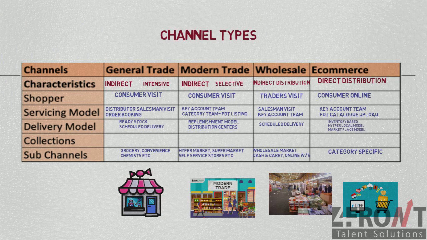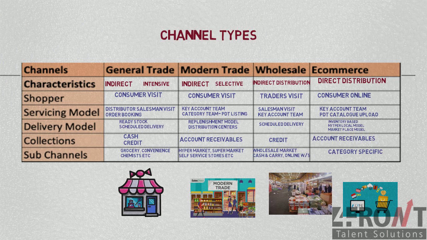E-commerce, there are three key types of delivery models: inventory-based, hyperlocal, and marketplace model. Collections in general trade is mainly cash and credit. In modern trade, it is directly with the company and it's called accounts receivables. Wholesale is essentially on credit, while e-commerce mirrors the modern trade system.